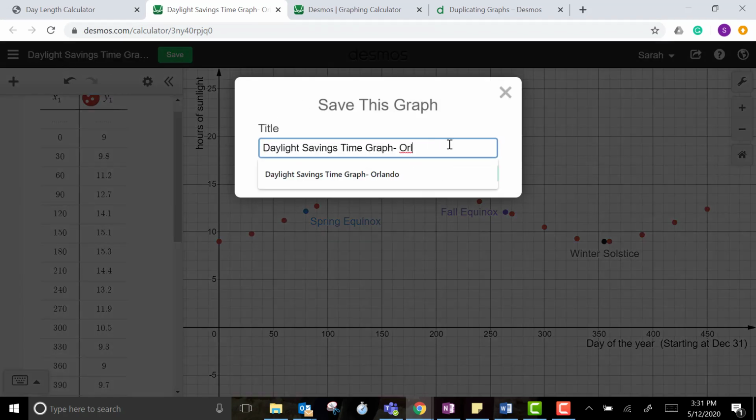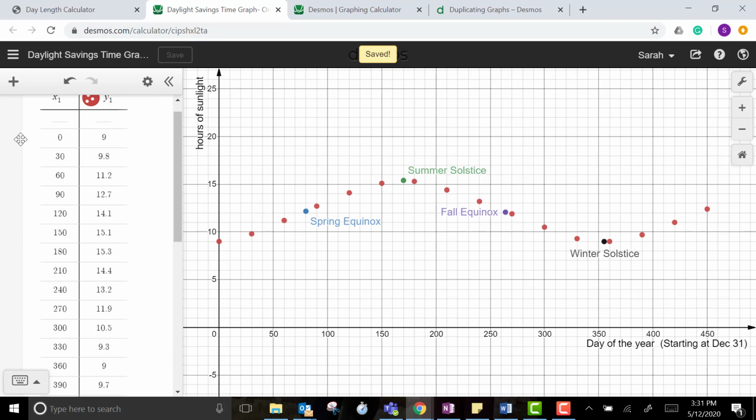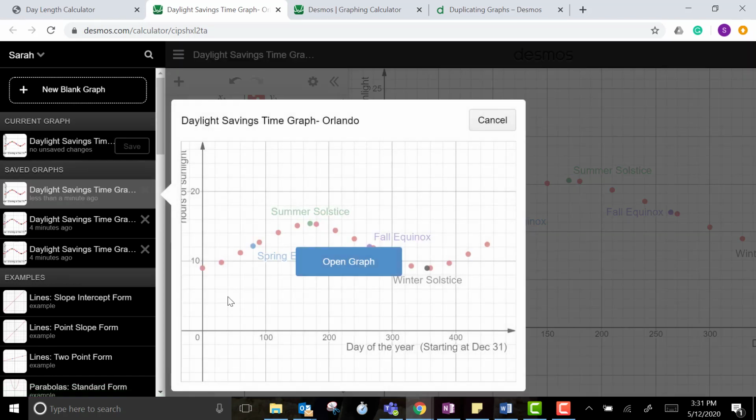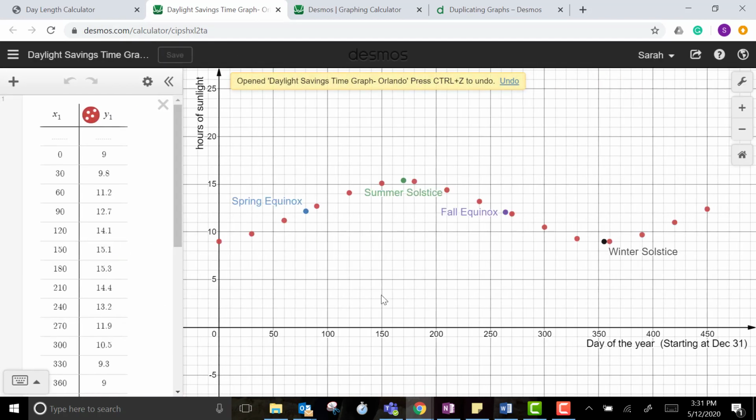Let's say my second city was Orlando. I can duplicate the graph and press save. Then on these 3 bars on the left, I can click that and find your other graphs without making edits to my original function.